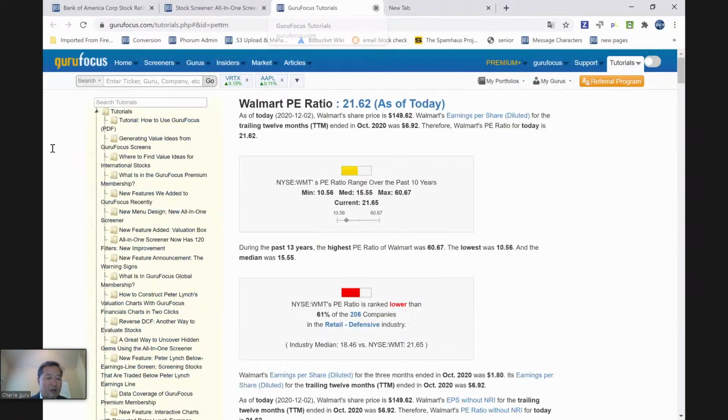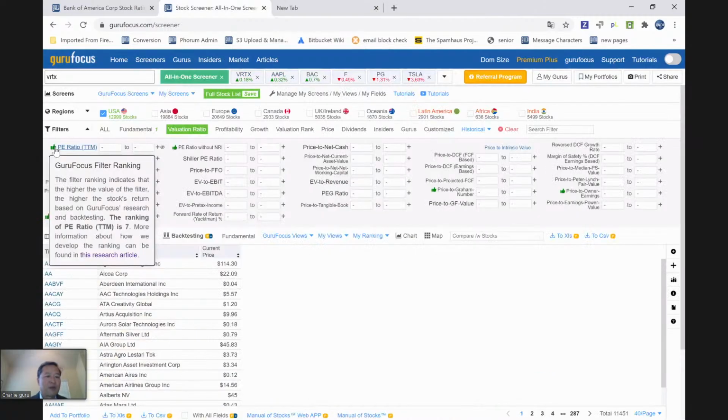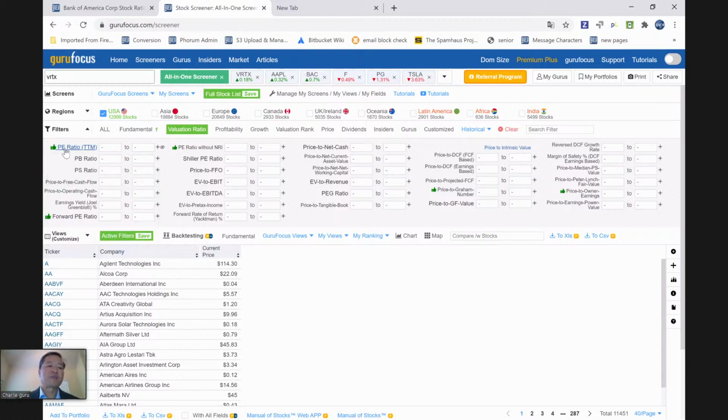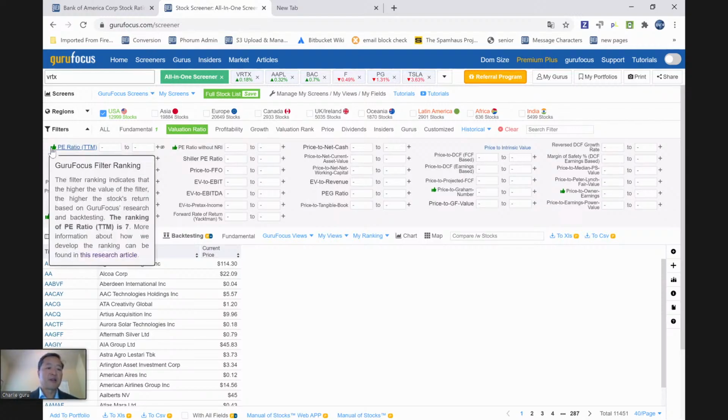It's here. Okay, so filter ranking indicates the higher the value of the filter, the higher the stock return. This is actually very different from what we usually think. We usually think that a lower PE stock will do better, but our back testing shows that over the past 12 months, a stock with a higher PE will do better.